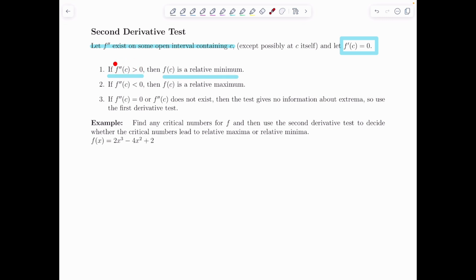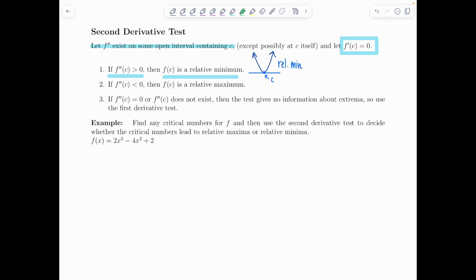This tells me the graph is concave up when the second derivative is positive. And I already know the derivative is 0. That means the slope of the tangent line is 0 at c. Well, then clearly if the graph is concave up and the slope of the tangent line is 0, that only happens if c is a relative min.